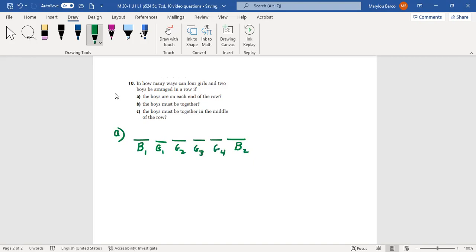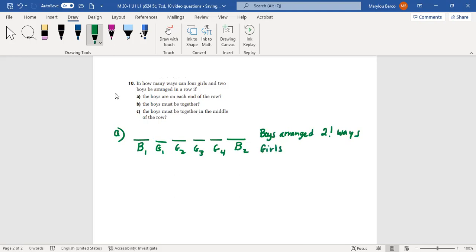Okay, so to calculate this, the number of ways the boys can be arranged is 2 factorial ways, because we can switch the B1, B2s. The girls, because the boys have to be at the beginning and the end, right?